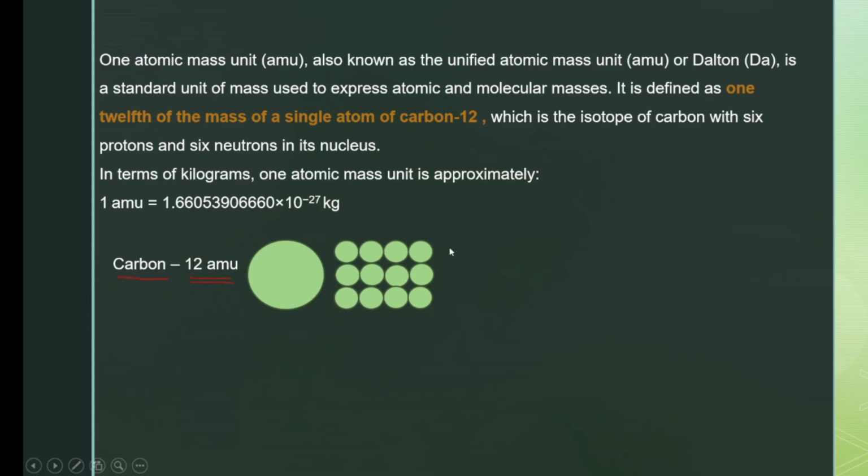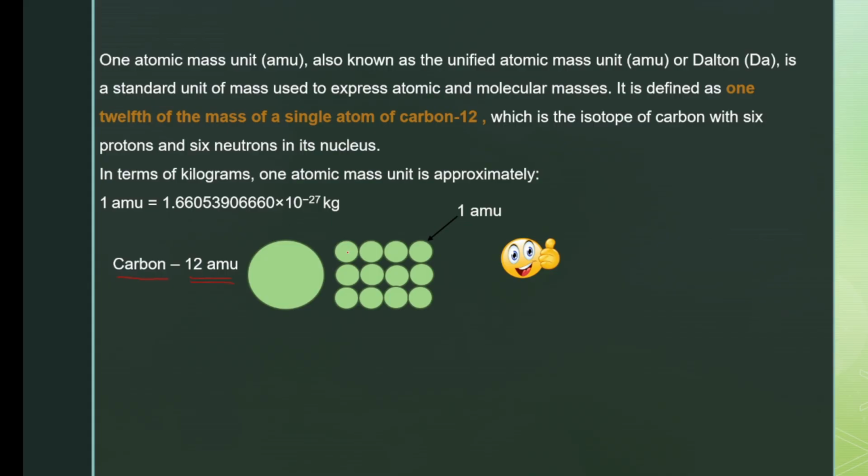We have broken down a carbon atom and divided it into smaller balls like this, and we assume that each one of these is one atomic mass unit. So carbon is made up of how many atomic mass units? 12 atomic mass units, because its mass number is 12.